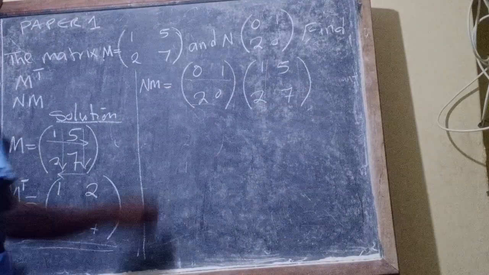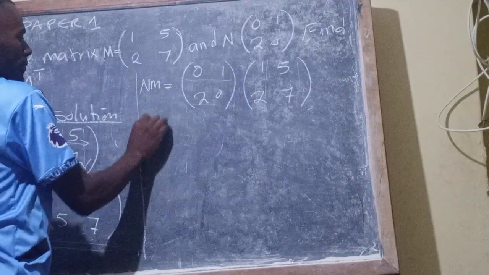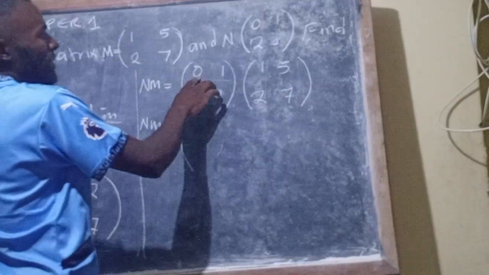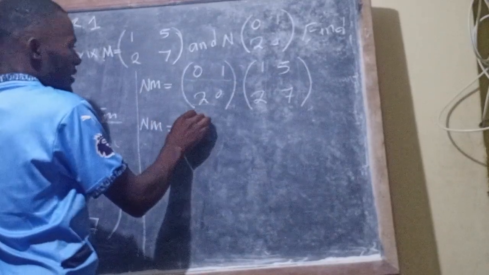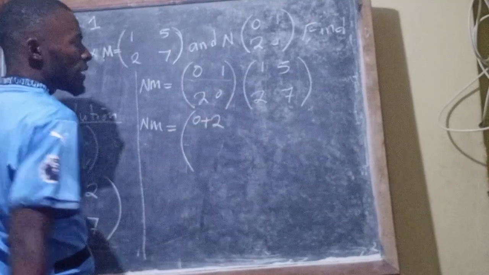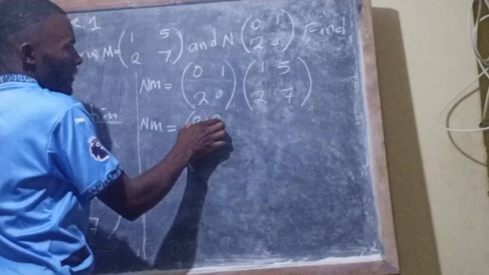Just like that. So NM is equal to, I'm going to multiply 0 times 1, which is 0, plus 1 times 2, that is a 2. So we are done with the first one.